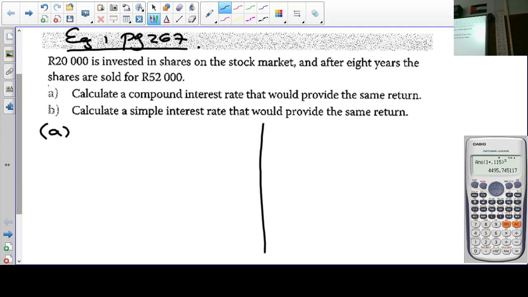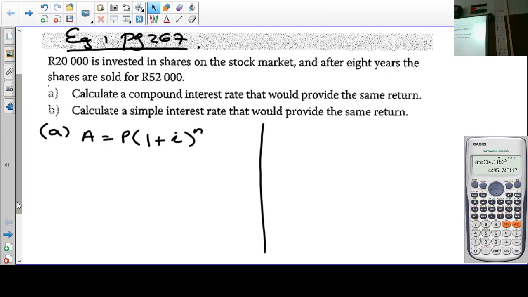So if it says compound interest, which formula do we use? The compound formula. What's the compound formula? A is equal to P into 1 plus i, to the exponent n. Do I have my A value? Yes, which is 52,000. Do we have a P value? Yes, which is 20,000. We're calculating i, and we have n, which is 8.